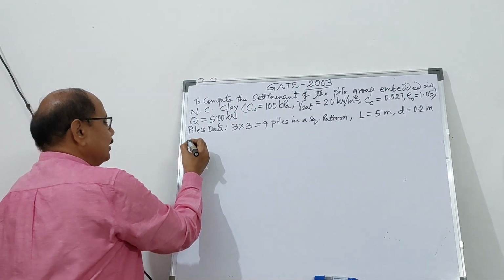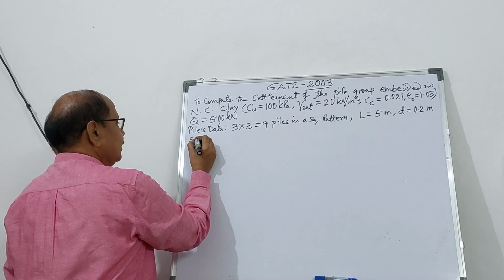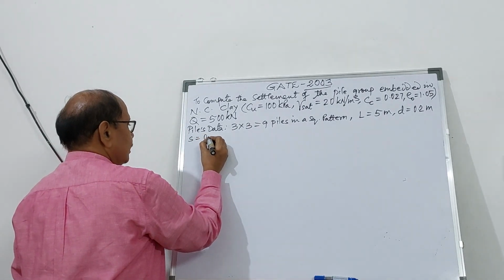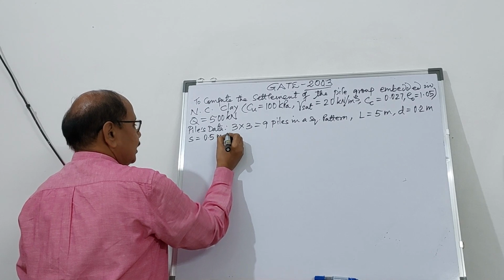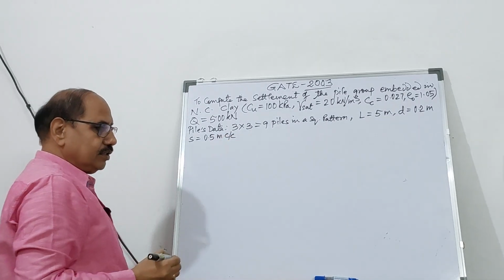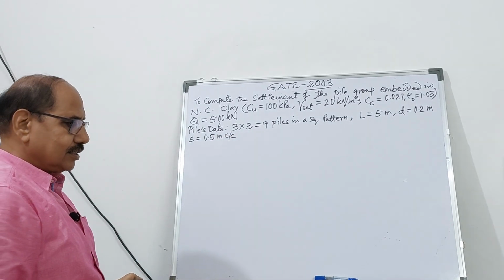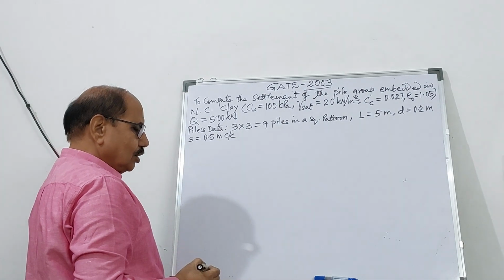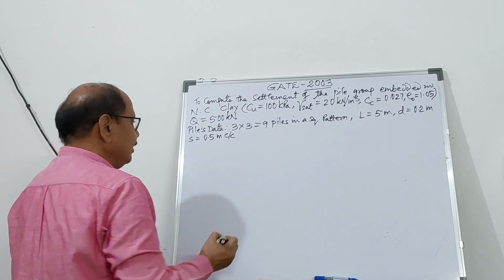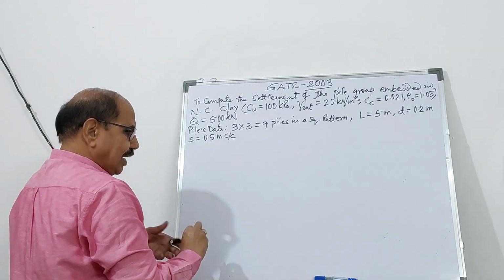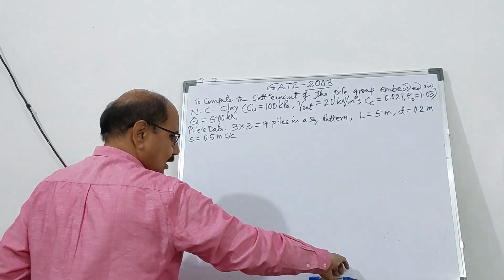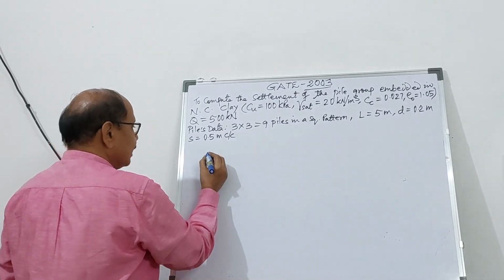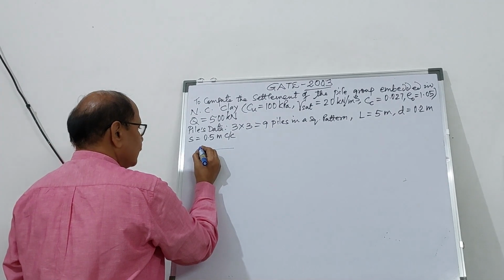And the center to center spacing between the piles is also given as 0.5 meter, center to center between two consecutive piles. So with this information, and the figure is also given over here, the figure I will draw for a better understanding of all of you, is given to you like this.